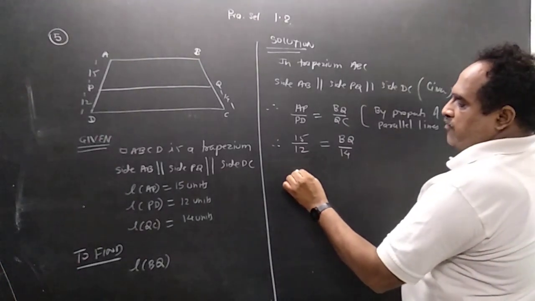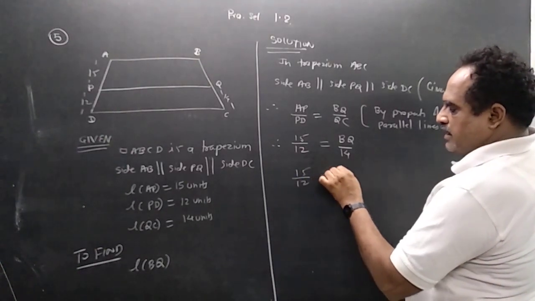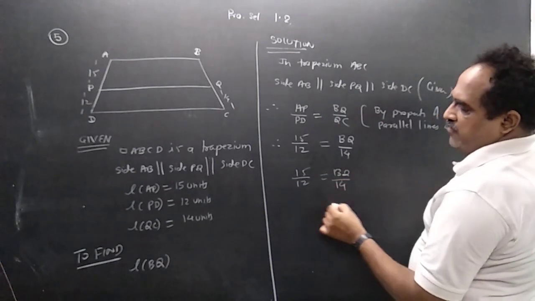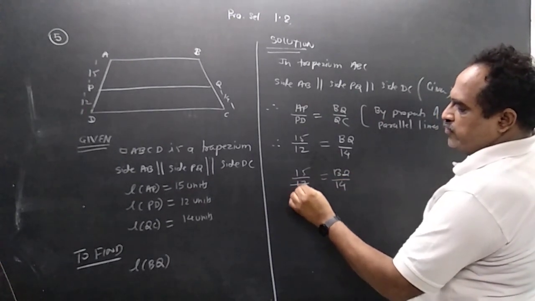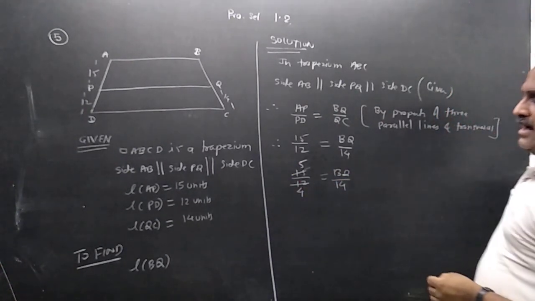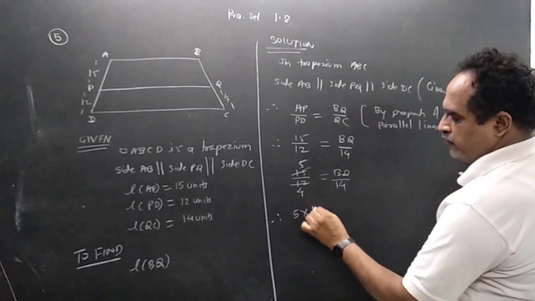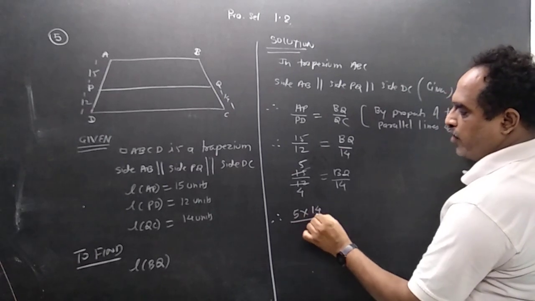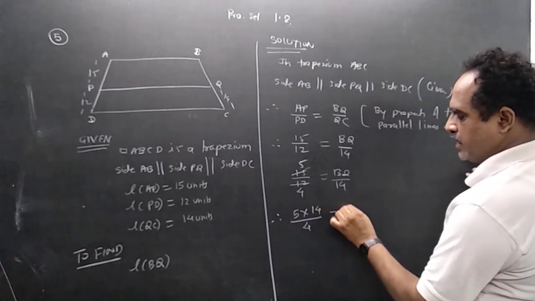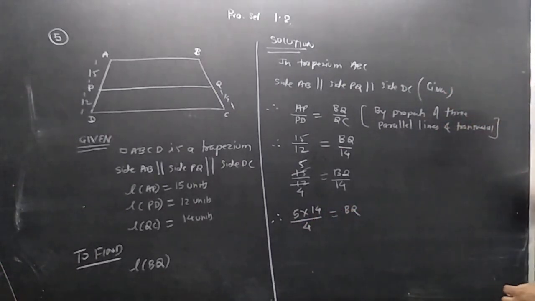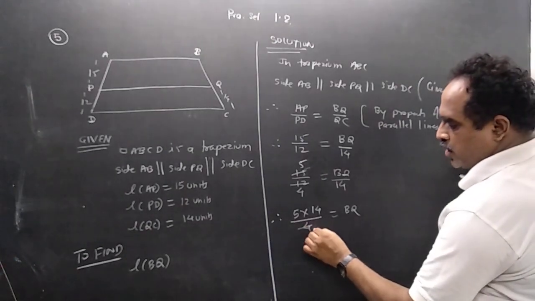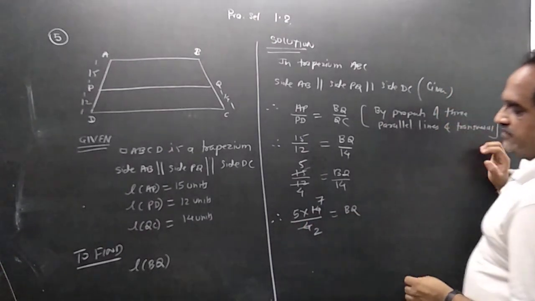So 15 upon 12 equals BQ upon 14. We can cancel: 3 fours are 12, 3 fives are 15. Now what I can do is 5 into 14 upon 4 is equal to BQ. Cancel again: 2 twos are 4, 2 sevens are 14.